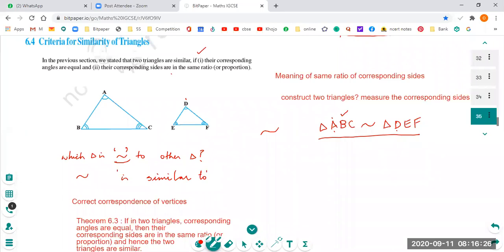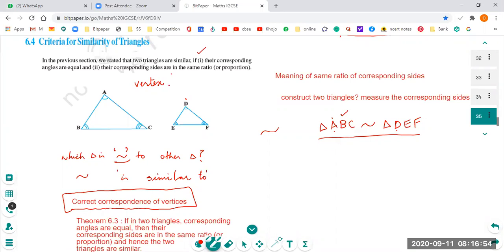Students, here correct correspondence of vertices is very important. Let us see what is the meaning of this. What is a vertex? It is a point where two sides meet. That point where two sides meet is known as a vertex of a triangle.